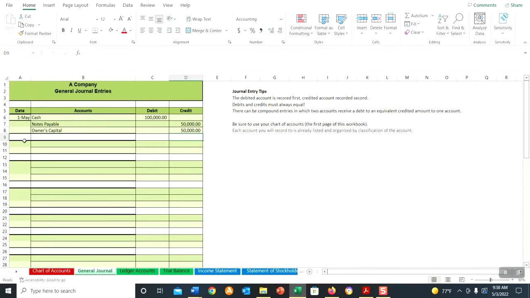So that's exactly how we're going to record this May 1st transaction. Rent expense is taking a $1,500 debit to show the increase in costs. And cash is taking a $1,500 credit to show the decrease in the cash account.